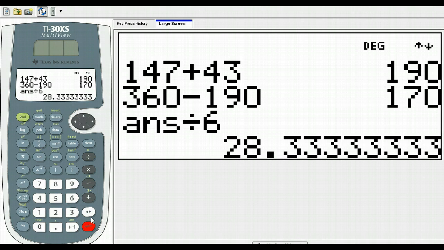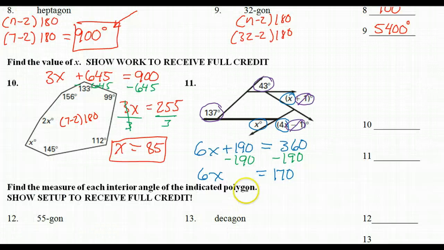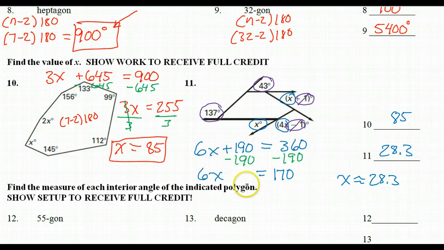And I get 28.3 approximately. So x is approximately 28.3. Alright, so I would have put that here, and this would have been 85. Okay, that is how you do number 11.